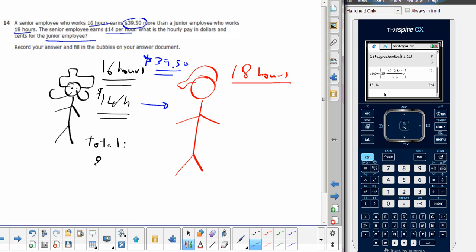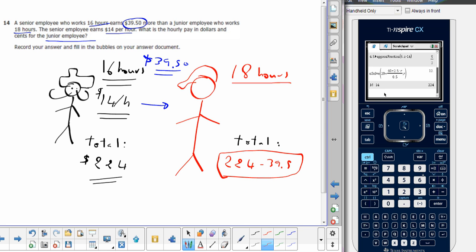That's $224. The only thing we know is how much total he will make. If the senior makes 224, how much will the junior make? Of course, he will make $39.50 less. So he will make 224 minus 39.5. This is how much he makes.